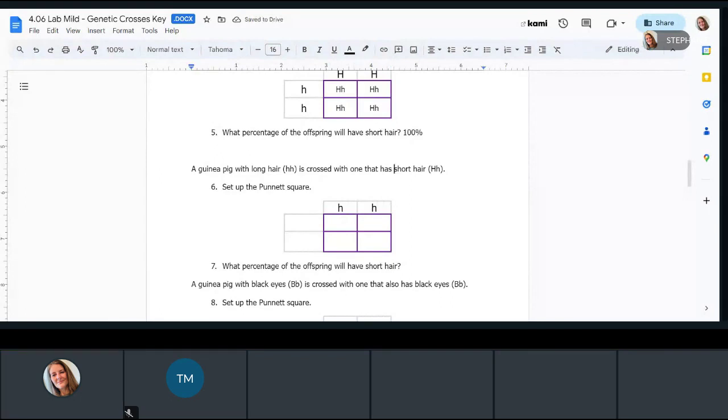And then we have one with short hair who's heterozygous, which means they have one of each gene, a big H and a little h. And then we have to divvy out the genes. Okay, so first we give a big H. The big one always comes first. And then we have a little h, because we give from this one, then we give from this one.